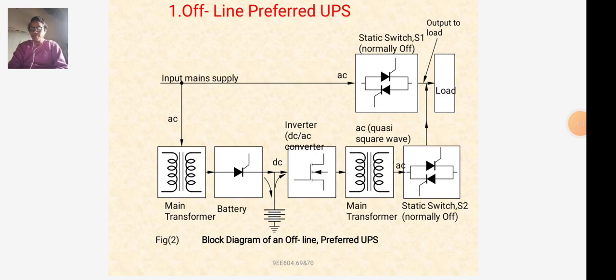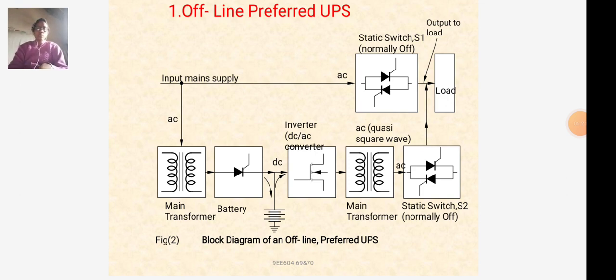The functional block diagram of the offline preferred UPS consists of an independent battery charge circuit and a load circuit, which is supplied through static transfer switch S1 during main power on, and through the battery, inverter and static switch S2 during power failure.